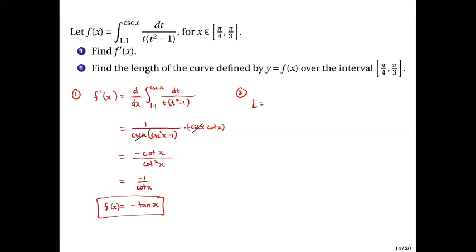The arc length formula, it's just the integral from pi over 4 up to pi over 3 of the square root of 1 plus f prime of x quantity squared dx. Okay?